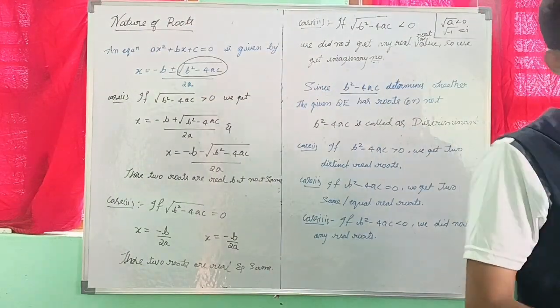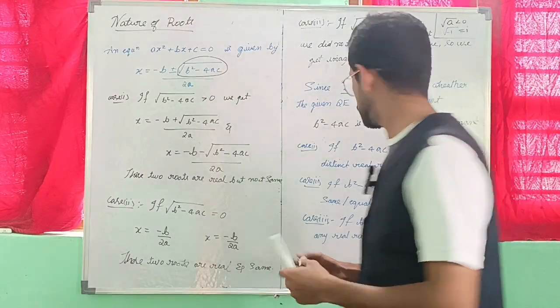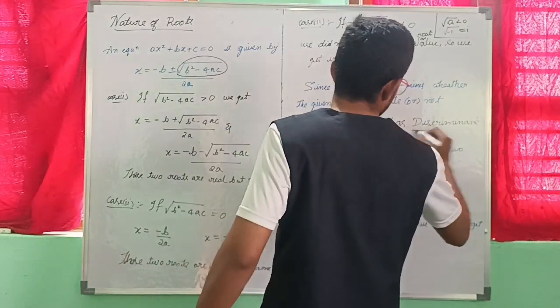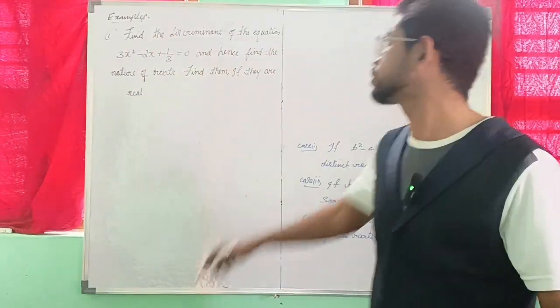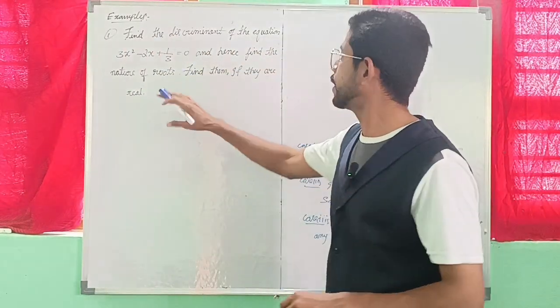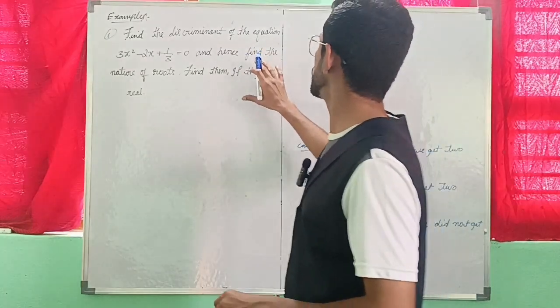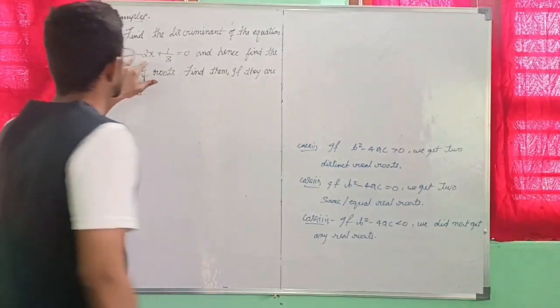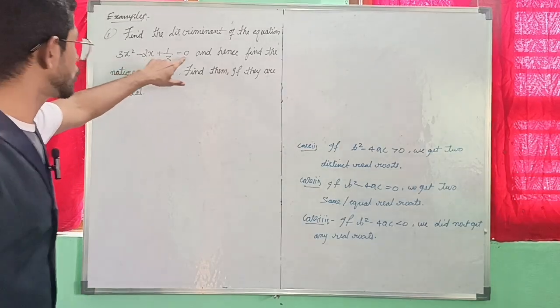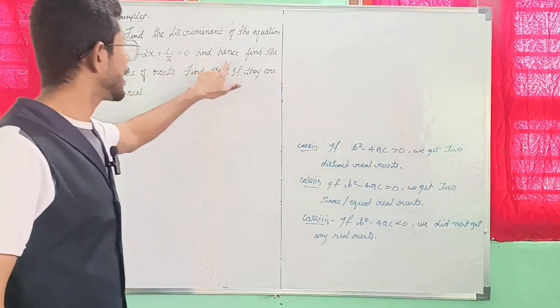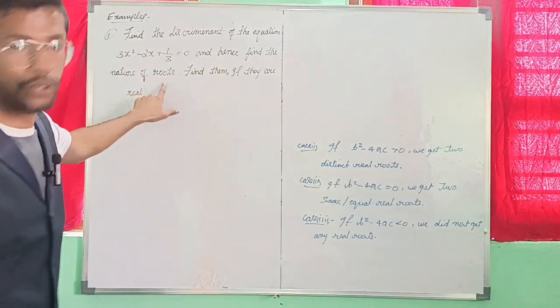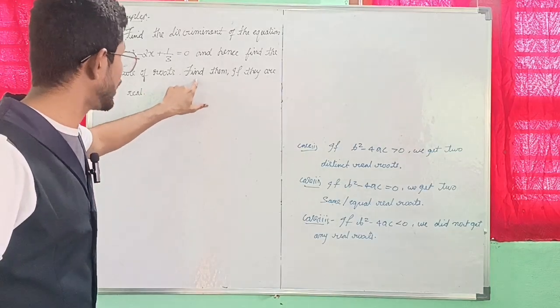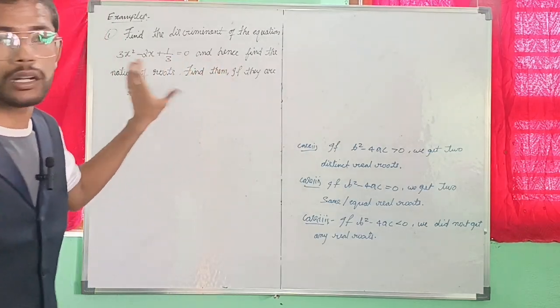Let's solve some problems by using this discriminant. This is the first problem. Find the discriminant of the equation 3x square minus 2x plus 1 by 3 equals 0, and hence find the nature of the roots and find them if they are real.